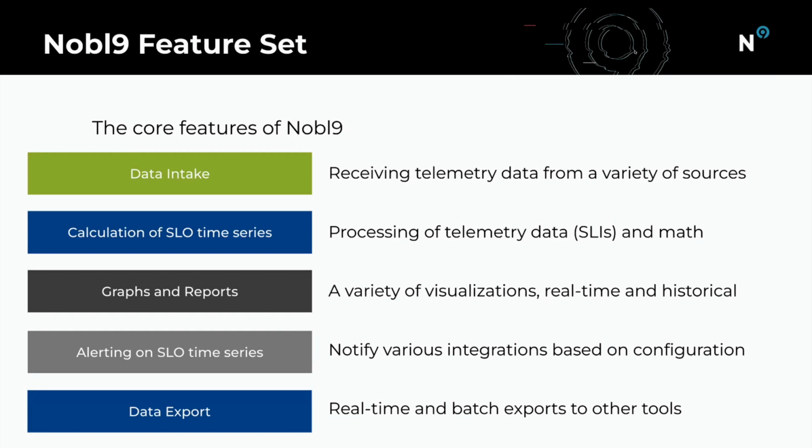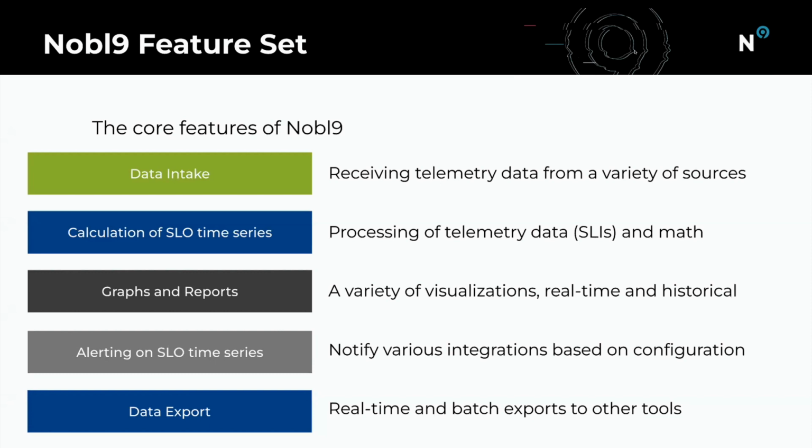One of the other important features of an SLO platform is being able to alert on different behaviors, because nobody wants to be sitting in front of a dashboard all day, watching the SLO do different things. That's about as fun as watching paint dry.